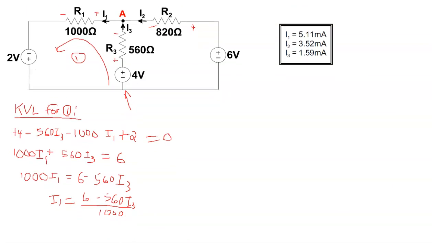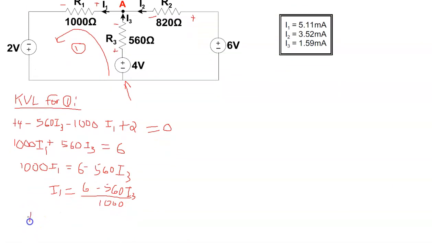What that means is that I1 is equal to 6 over 1,000, which is 6 milliamps. We'll write it as 0.006 minus 560 divided by 1,000, which is 0.56, multiplied by I3, of course, and call that equation 1.